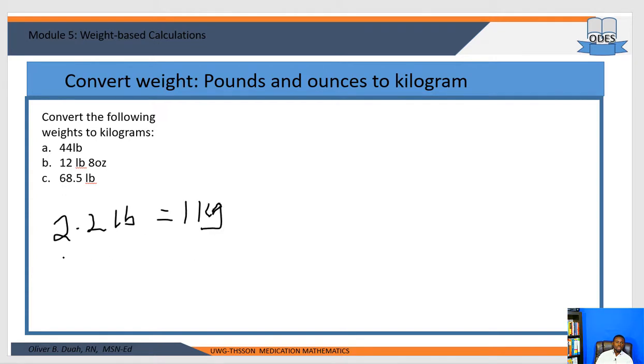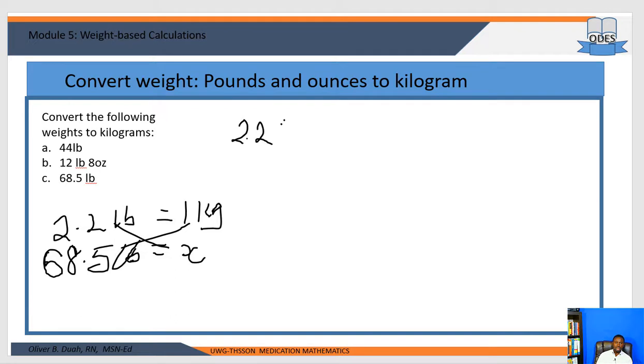What we don't know is if we have 68.5 pounds, how many kilograms should we expect? So we will say X, and then we will do our cross multiplication.